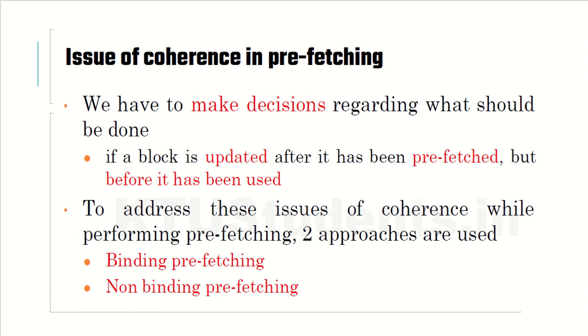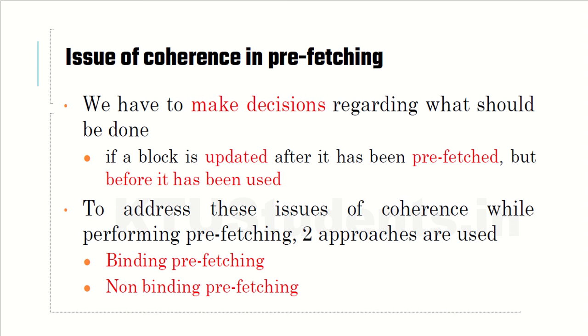So there is such an issue while we are prefetching the data. This is known as the issue of coherence in prefetching. This kind of inconsistency problem may occur when you are prefetching the data for reducing the latency.